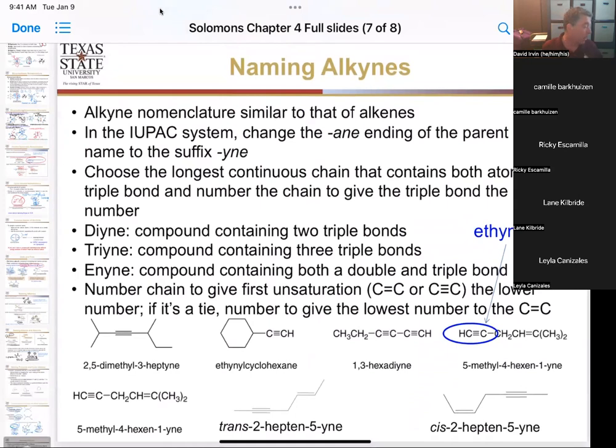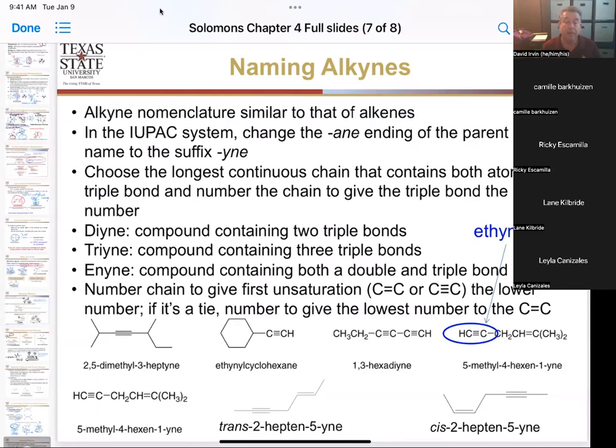Let's talk about alkynes. Okay, what are alkynes? That's anything with a triple bond between two carbons. What that means is that you have an sp hybridized carbon. It has two unhybridized p orbitals, and those two unhybridized p orbitals are overlapping with a carbon next to it.